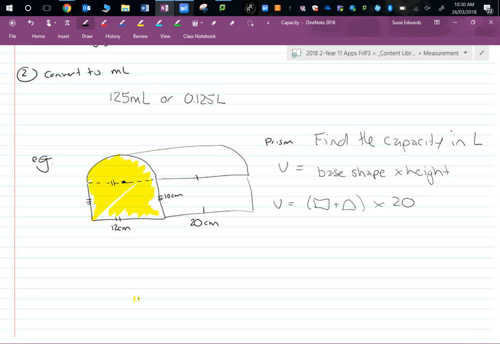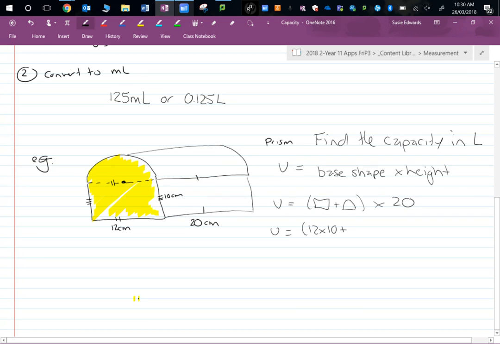So how do we find the area? Sam, how do we find the area of the rectangle? Good, so we've got 12, and they're all centimetres, so we've got 12 times 10, plus, how do we find the area of the hemisphere? Nellie? Want to help? Someone want to help?